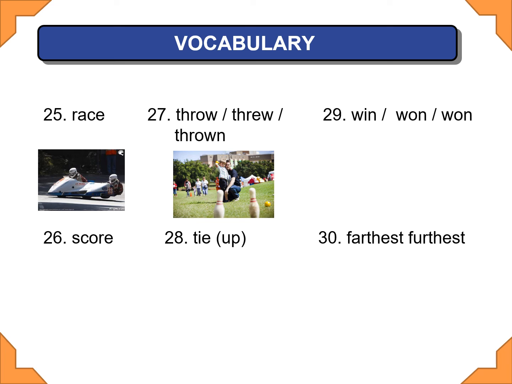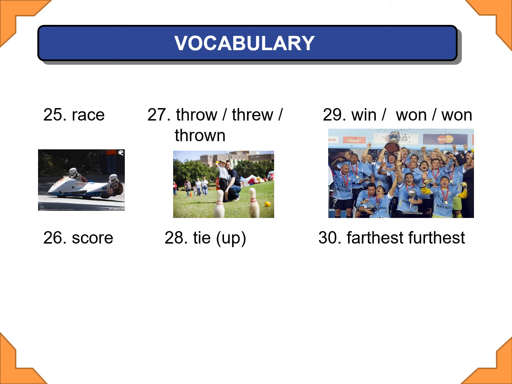That's why we know that it's an irregular verb. Throw means to send something through the air. For example, in a baseball game, one baseball player throws the ball to the other one. Okay, that's throw in the present, threw in the past, thrown in the past participle.